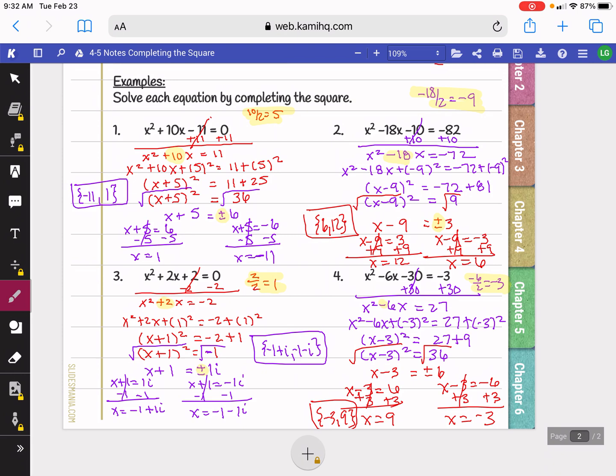Don't forget that if you're square rooting a negative, your answer is going to be imaginary. It'll have an i at the end. And once you take the square root, you're going to have two different possible equations, one with a positive and one with a negative, that you can solve to get your two possible solutions for x. Seems like a lot of steps, but just like in math, just like in life, you repeat your steps, you repeat them, it gets easier over time.